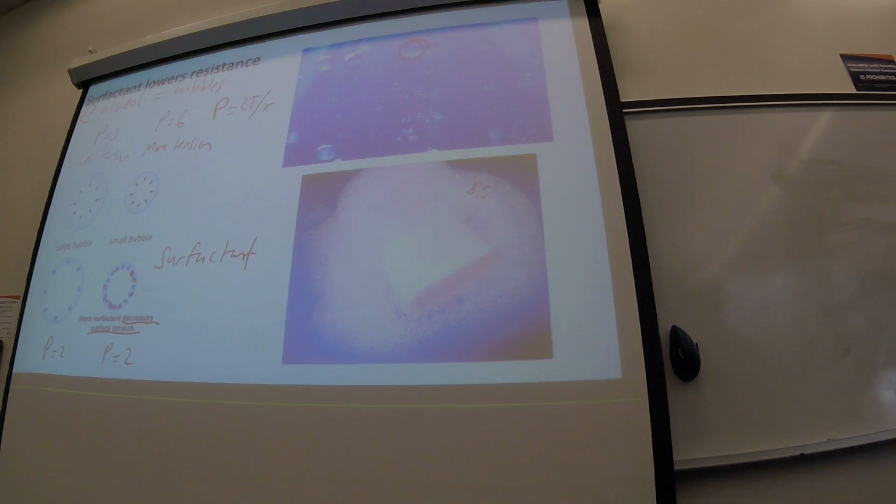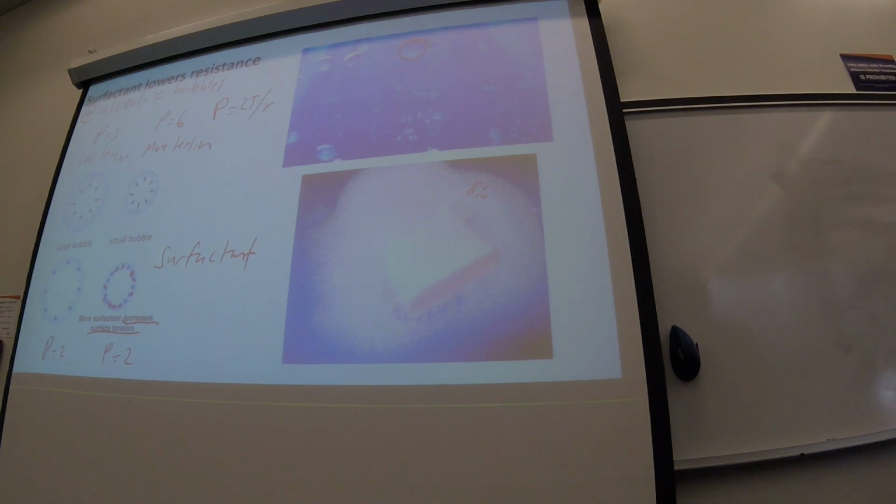If you ever try to wash bubbles down the sink, it's really hard because they just last so long. That's because soap is a surfactant. When your soap mixes with water, it makes the pressure much lower to make bubbles, basically. So it's much easier to make bubbles because the pressure is pretty low. Just an example of what surfactant does.